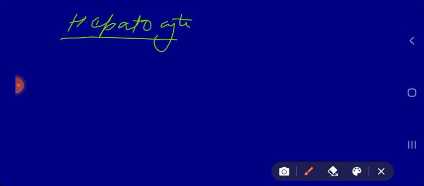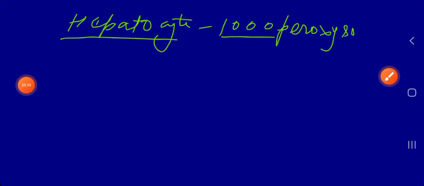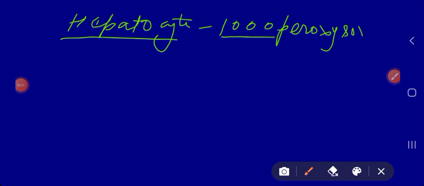A typical hepatocyte may contain about 1,000 peroxisomes, and they are found as oval or spherical vesicles bound by a single membrane.